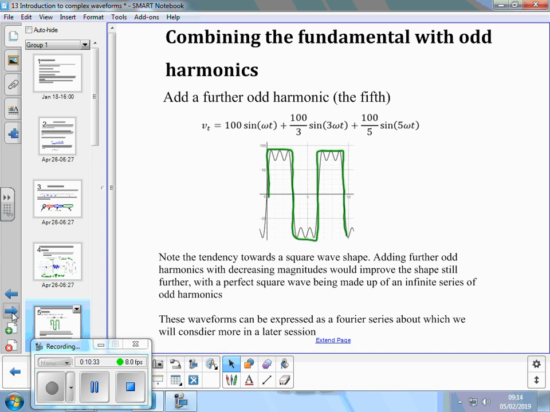So a square wave can be said to have these harmonics as part of it in terms of the Fourier series. Everybody happy with that so far? Crystal clear.